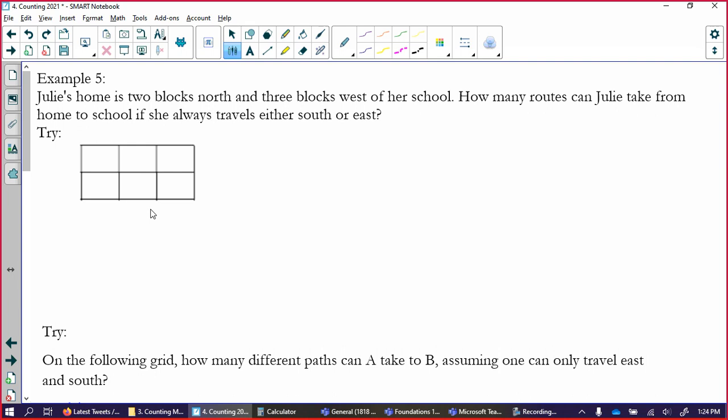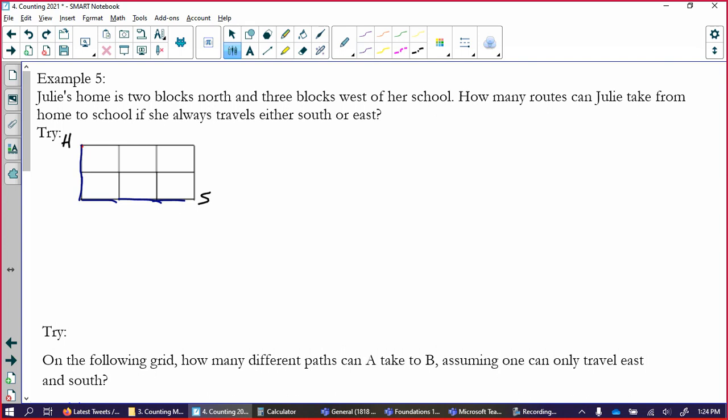Julie's home is 2 blocks north and 3 blocks west of her school. How many routes can she take? So this is home, school. So I'm not going to do all of these. Julie could go south, south. She could go that way.